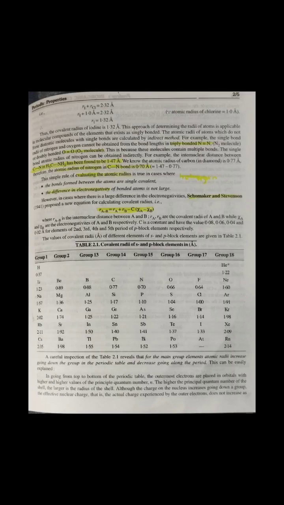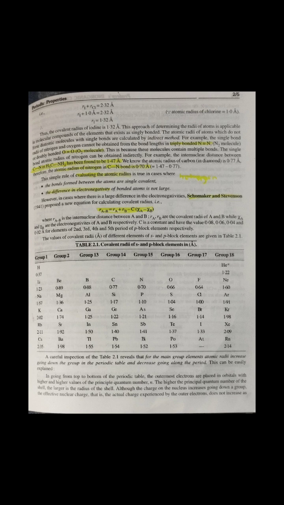Similarly, in a heteronuclear diatomic molecule, the singly bonded covalent radius of an atom can be calculated by knowing the internuclear distance between the two nuclei and the covalent radius of the other atom. For example, the internuclear distance between iodine and chlorine is 2.32 angstrom. Thus, the covalent radius of iodine is 1.3 angstrom.